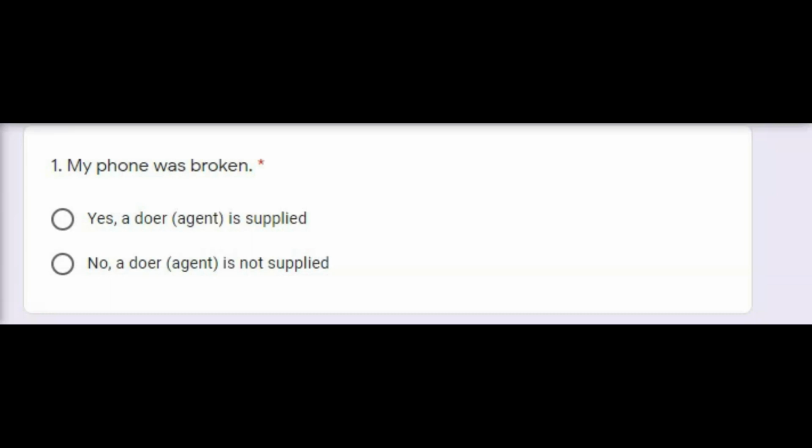My phone was broken. This is passive voice, and no, a doer or an agent is not supplied. The reason why someone might do this is to hide guilt. Like, the active voice equivalent of this could be, my phone was broken by me because I'm negligent and irresponsible and I think it's fun to throw it up in the air and try to catch it.